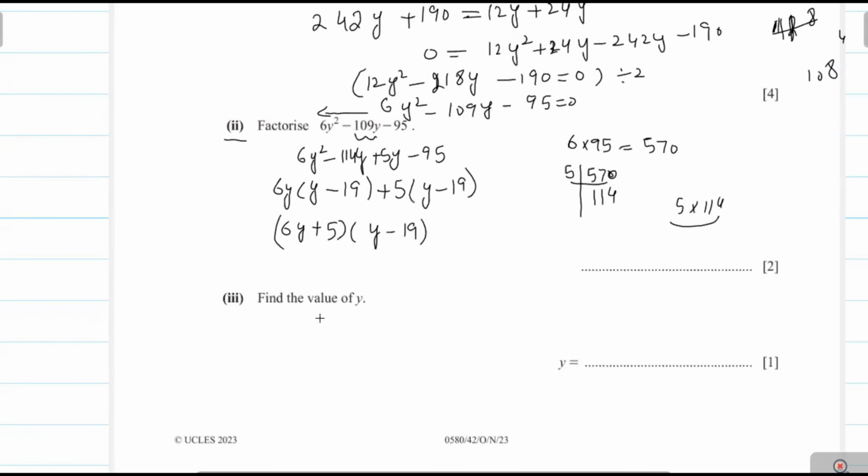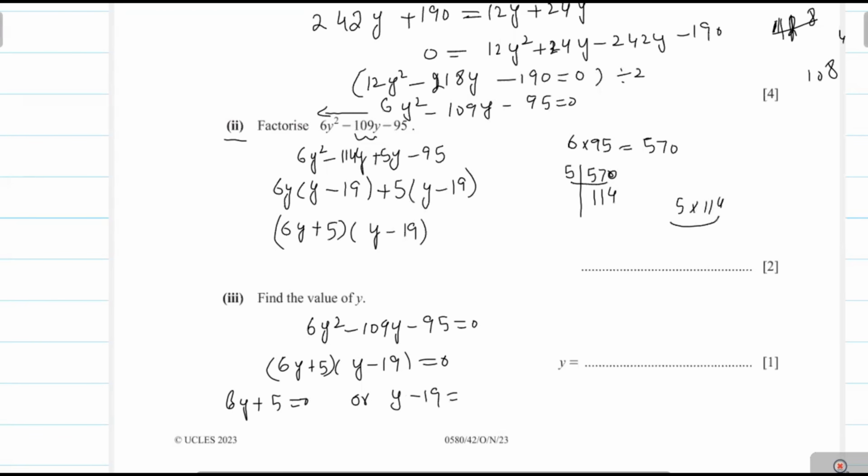Now the value of y we can find: 6y squared minus 109y minus 95 equal to 0. And this can be written as 6y plus 5 into y minus 19 equal to 0. So either 6y plus 5 equal to 0 or y minus 19 equal to 0.